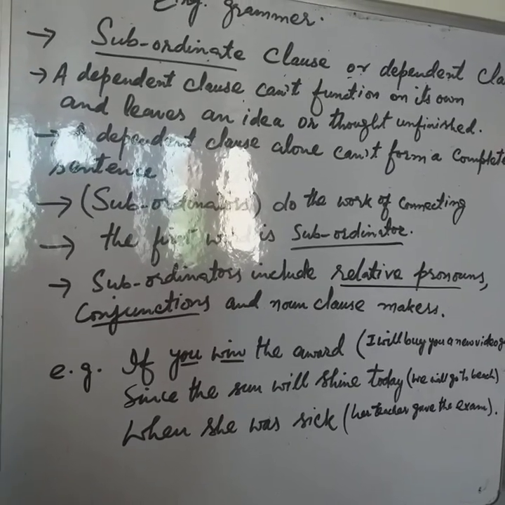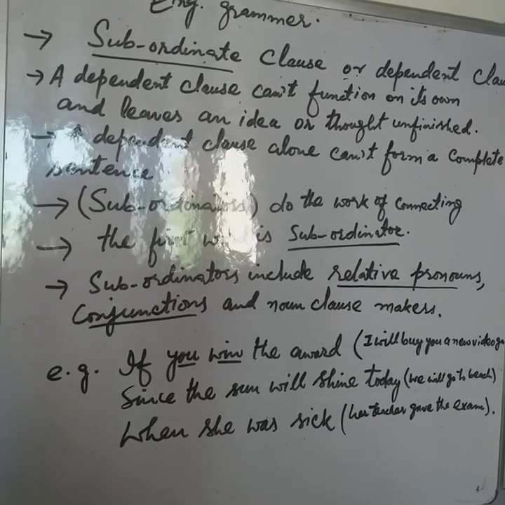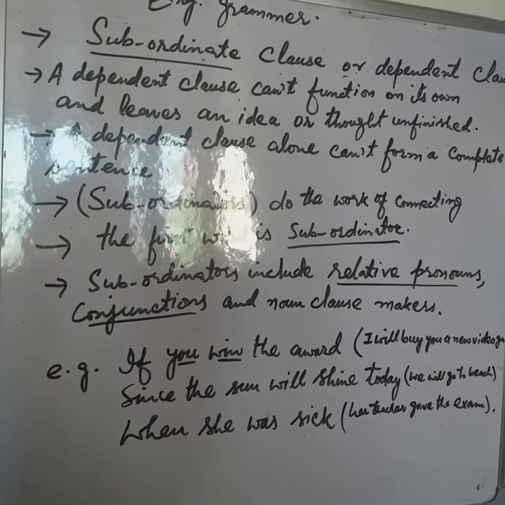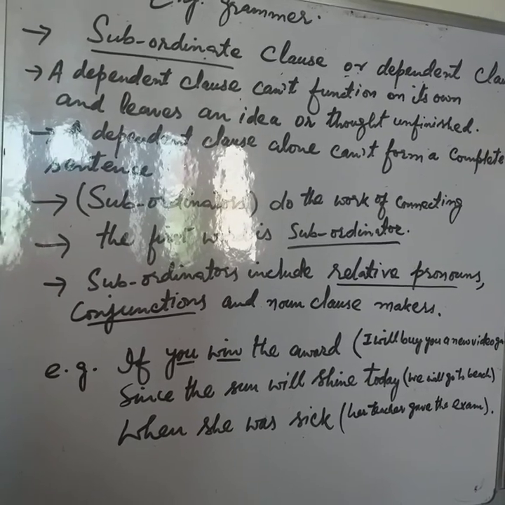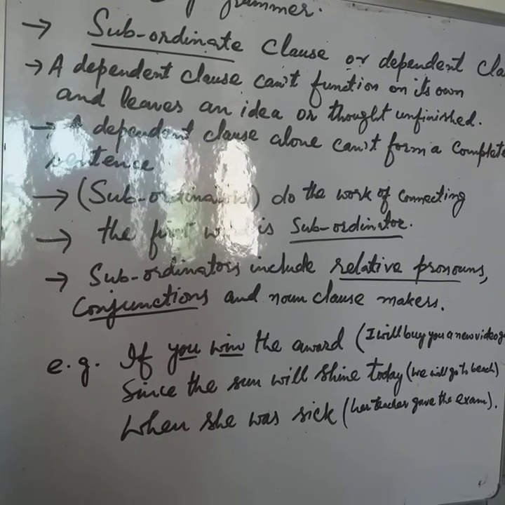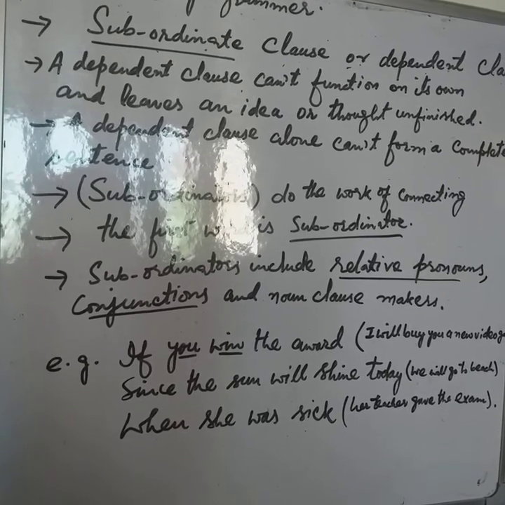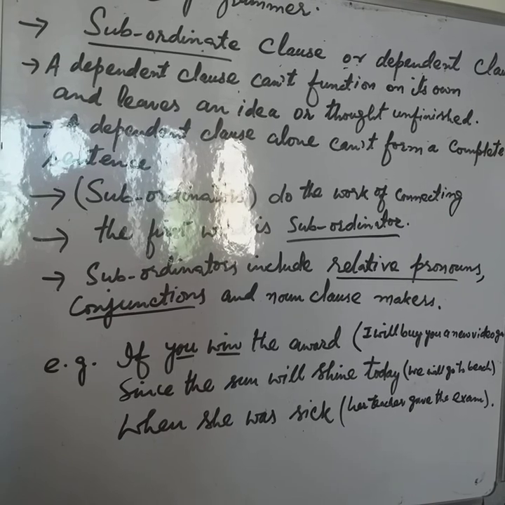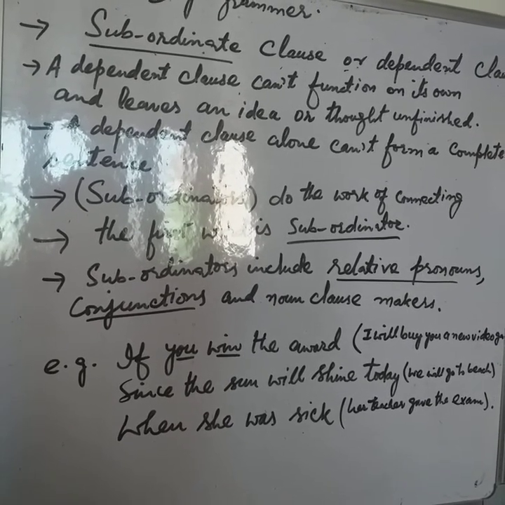So these subordinators, helpers, connectors, include relative pronouns, conjunctions, and noun clause makers. To represent a subordinate clause or dependent clause, we can say there is a subordinate conjunction, then subject, then the verb, and it is equal to an incomplete thought.